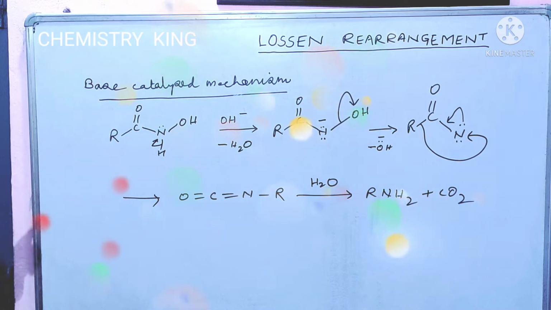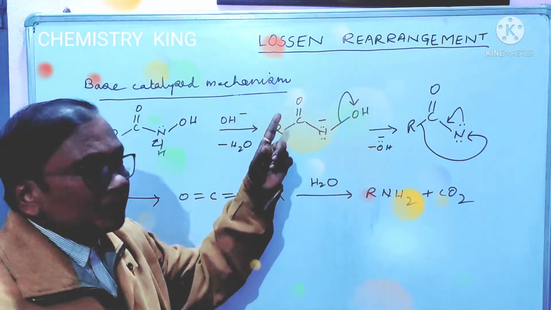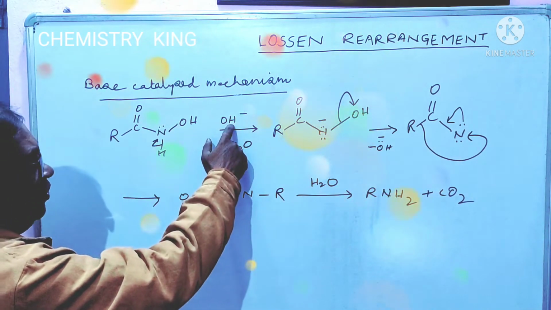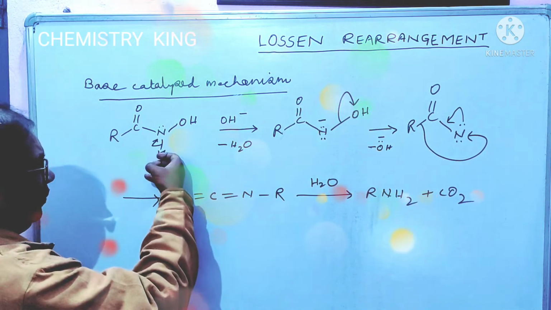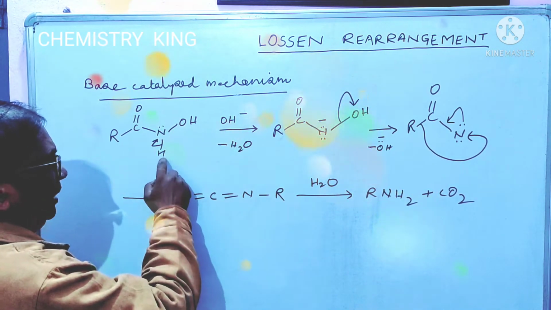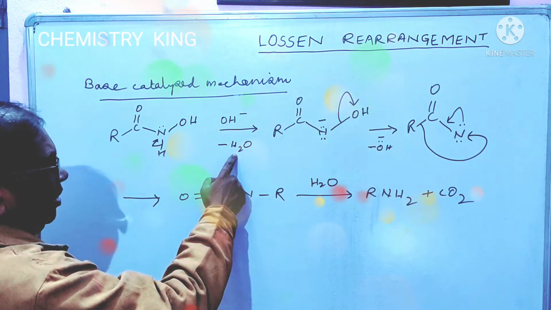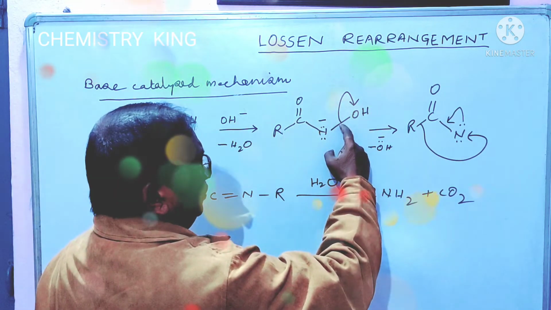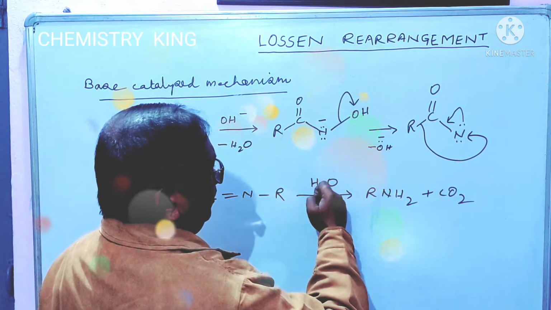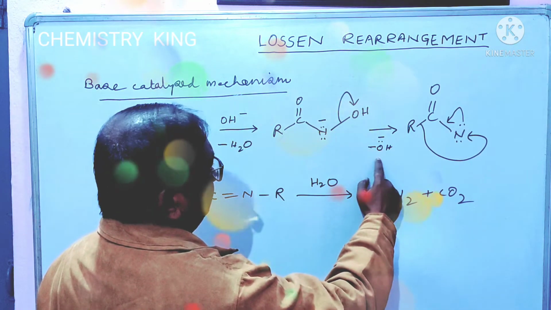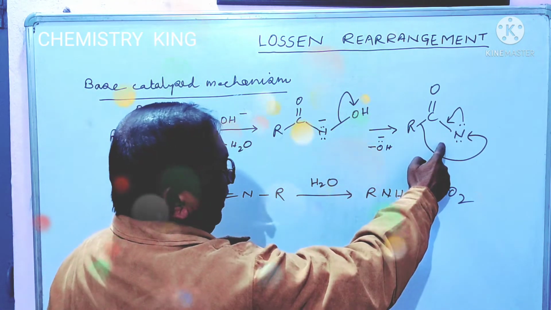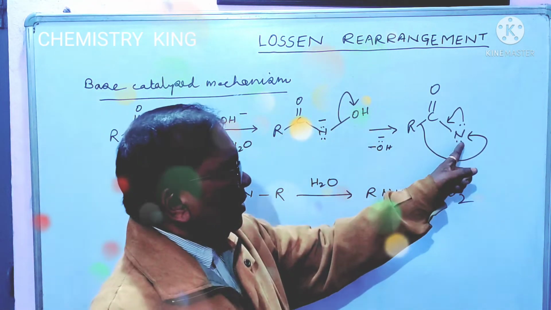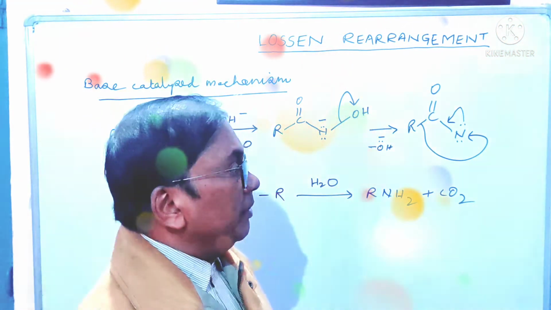Now we will see the base catalyzed mechanism. It is hydroxamic acid and it is a strong base. This strong base will abstract this hydrogen as H plus. With the elimination of water, you will get this. And now this bond will break in this fashion with the elimination of hydroxide ion, you will get nitrene. 6 electrons are there, so it is nitrene like carbon.